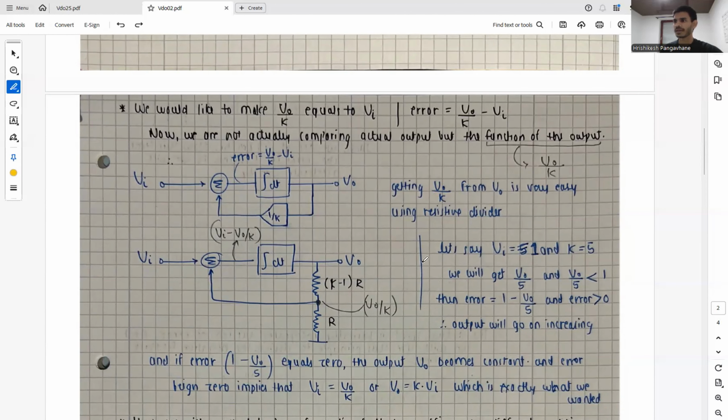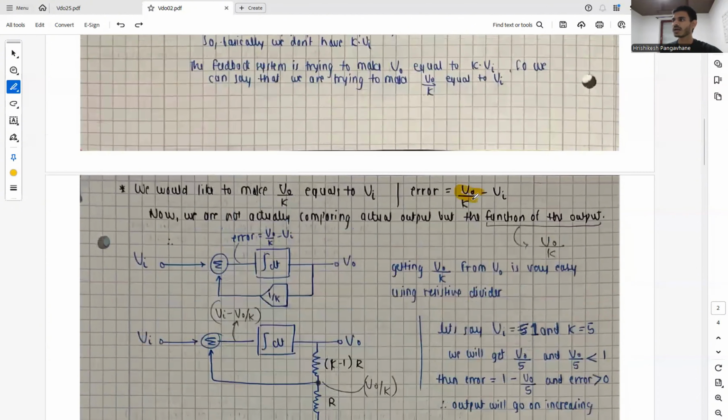So let's say we somehow use a resistive divider over here of resistors K minus 1 times R and R. So at this point we will be getting the voltage V naught by K, which will be provided as a negative feedback. So error will be basically nothing but Vi minus V naught by K, and that's how we defined our error.